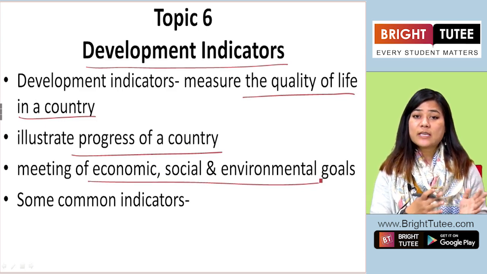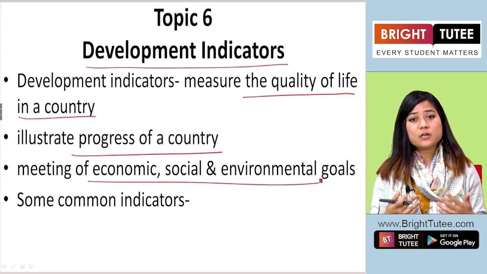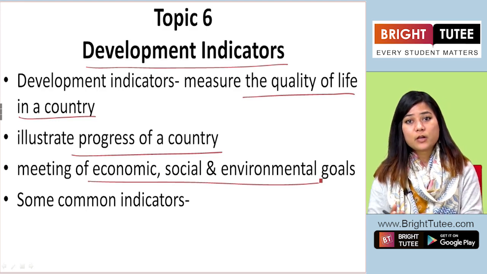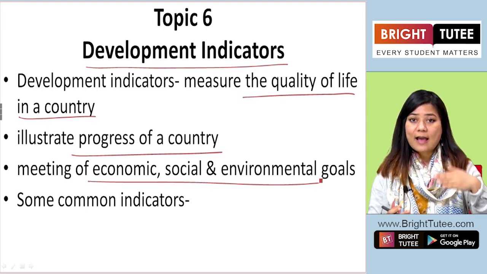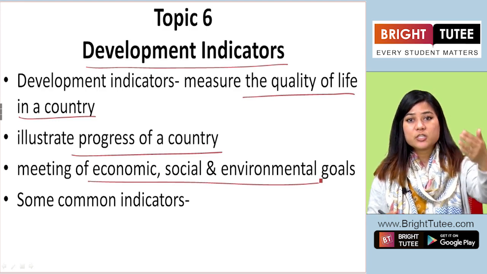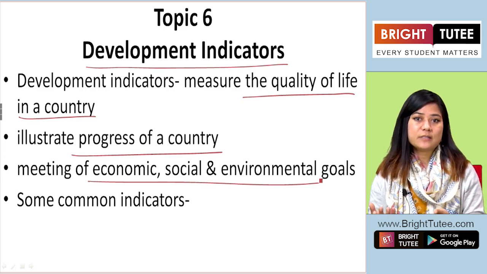Now, when we were looking at the meaning of development at the start of this chapter, we learned what development means for us and also for countries. The countries have a set of goals which they want to achieve in order for the country to be developed.